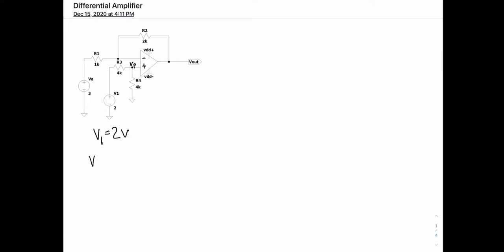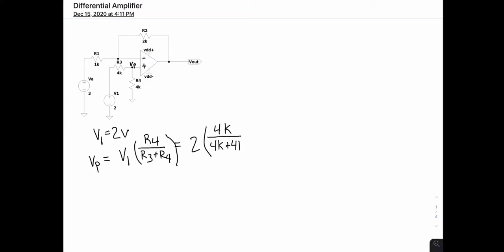So VP is going to equal V1 times R4 divided by R3 plus R4, which is equal to 2 volts times 4K divided by 4K plus 4K, which is equal to 1/2. So our final voltage is going to be 1 volt.